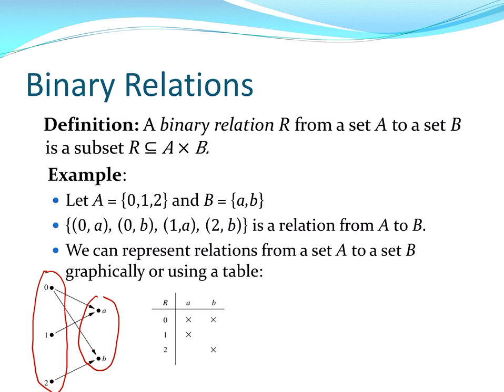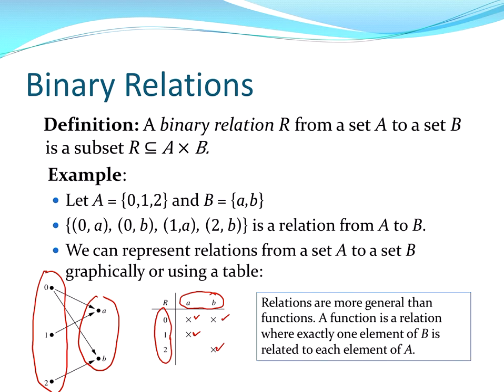We can also exhibit the relation using a table where we have A oriented vertically and B oriented horizontally. And then we have an X marking whether or not that ordered pair is in our relation.